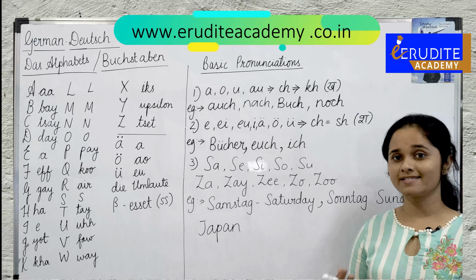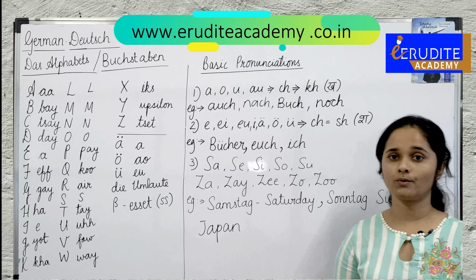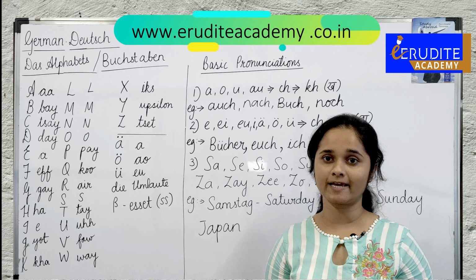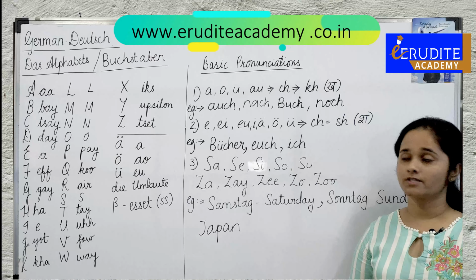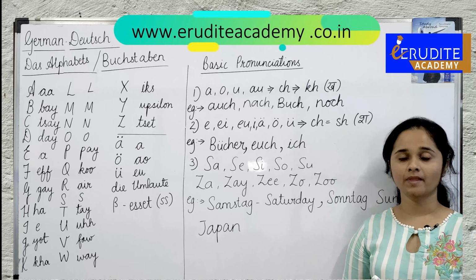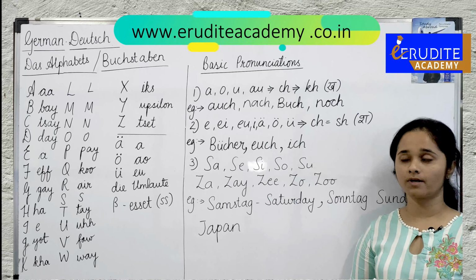Just to help you understand the pronunciations, I have written some words. Though you may not know the meaning, because you are learning the language for the very first time, this will help you with the pronunciations. So here we go: A-U-C-H, which is pronounced auk.